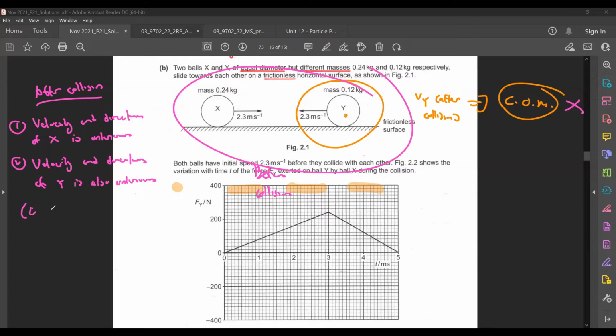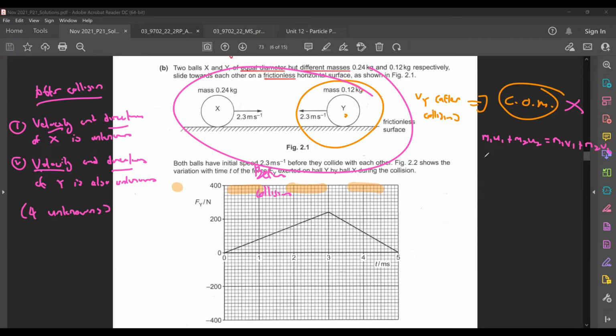Okay, so you actually have 4 unknowns here, because based on what the question has mentioned to you, you don't know any of these things. For x, you don't know the velocity nor direction. For y, you also have the same case. You actually have 4 unknowns. So you want to use conservation of momentum, m1 u1 plus m2 u2 equals m1 v1 plus m2 v2.